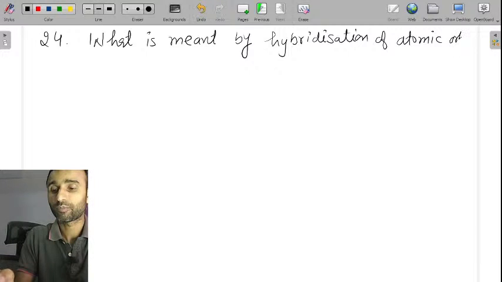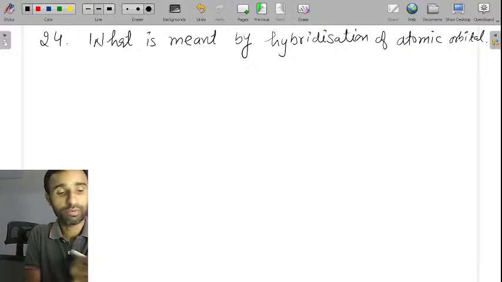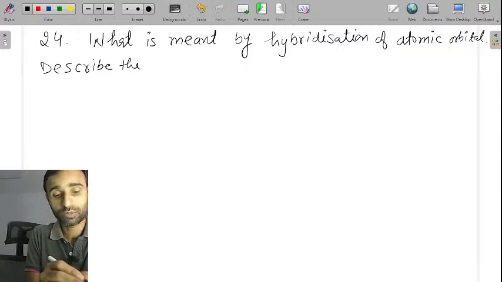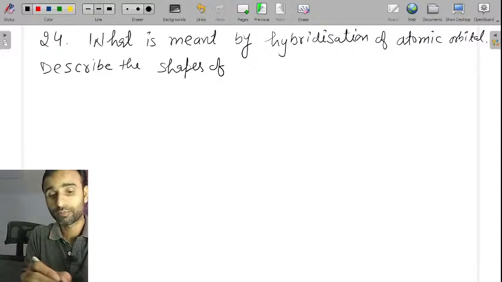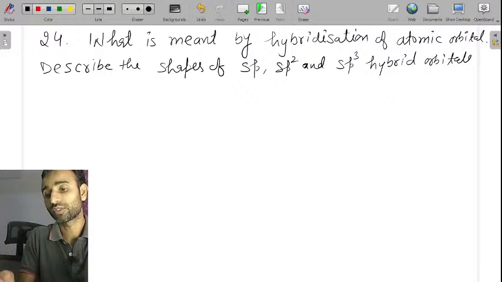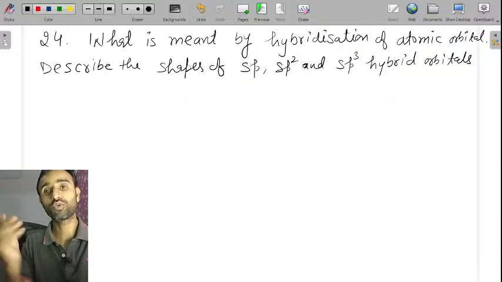We have done, and describe the shapes of sp, sp2 and sp3 hybrid orbitals, so that you know.